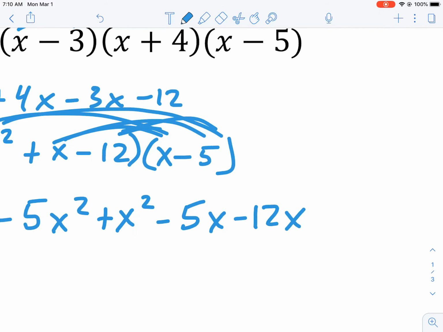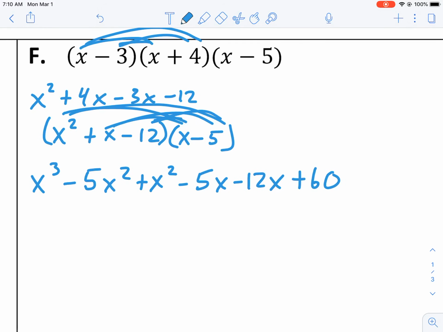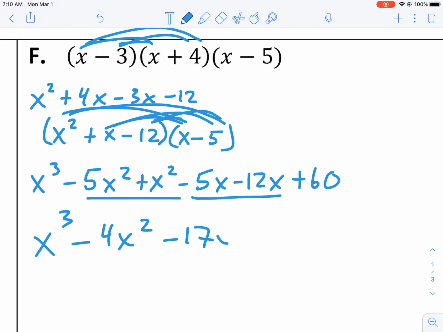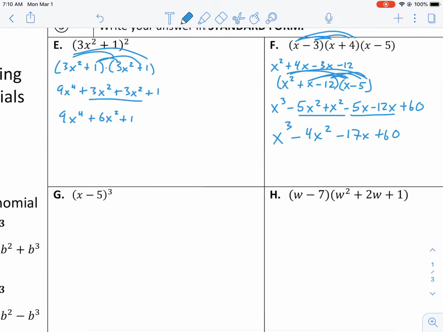Negative 12 times negative 5 is plus 60. So it's a little bit longer. You should have 6 terms here. And again, you will have some combining like terms to do in the middle. So that'll be negative 4x squared, negative 17x, plus 60. And so that would be your final answer. Hopefully that made sense.